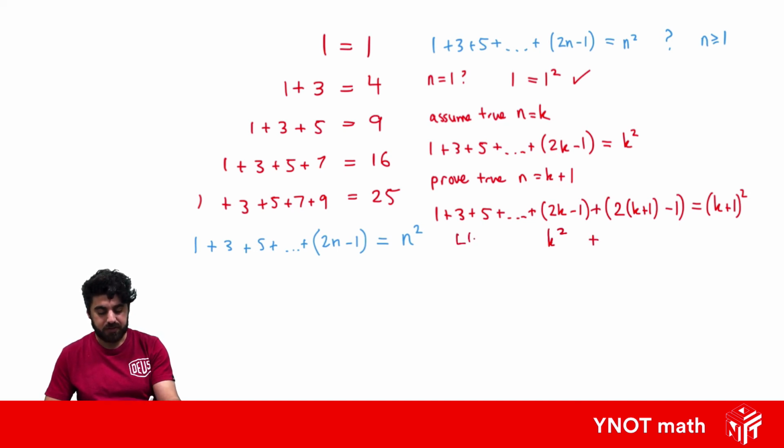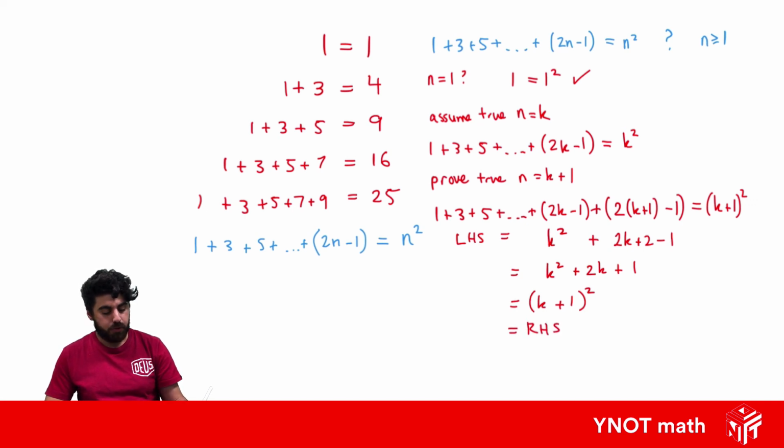So we're just taking our left-hand side and expanding this term out here, we get 2k plus 2 minus 1. So we get k squared plus 2k plus 1. And this is a quadratic that's a perfect square. So we can then rewrite it as k plus 1 all squared, which actually equals the right-hand side.